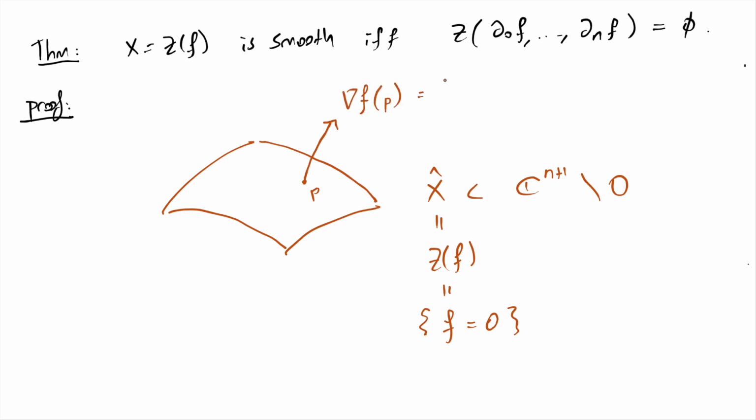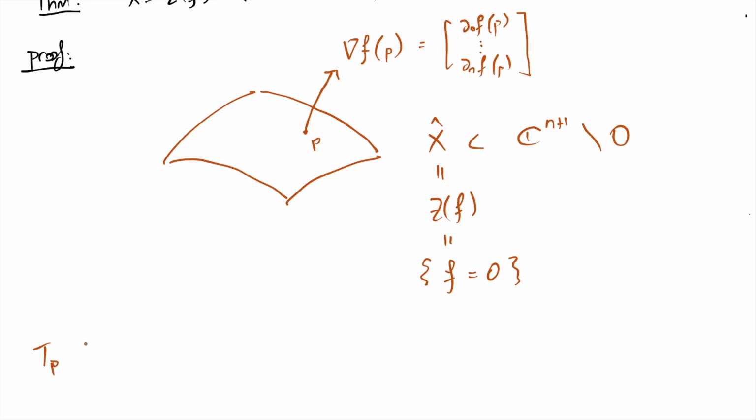And this is usually written as a column vector of derivatives of f evaluated at p. So this is the normal direction to this level surface, which means that the tangent space to X hat at p, or maybe we should call it p tilde for the sake of consistency, is the orthogonal to this vector.